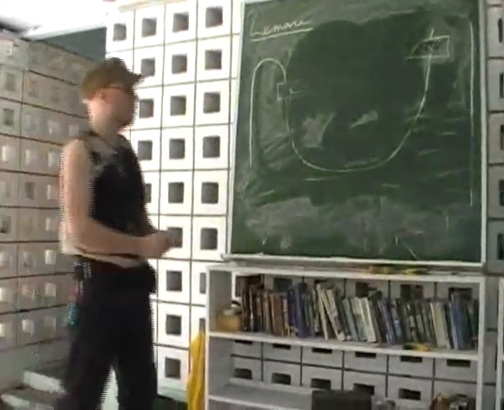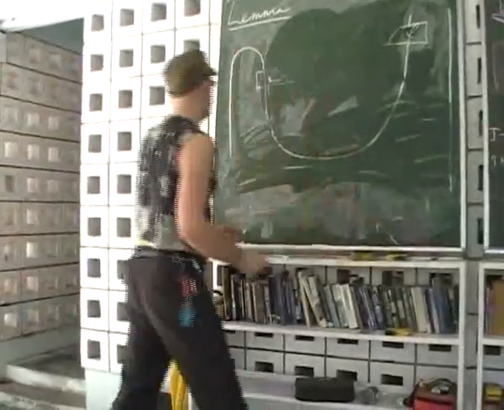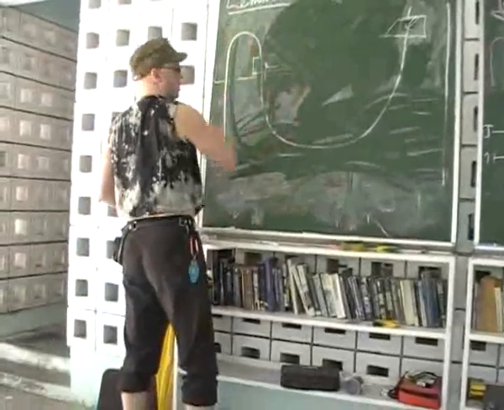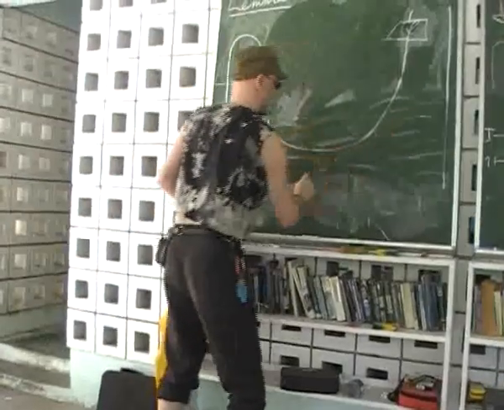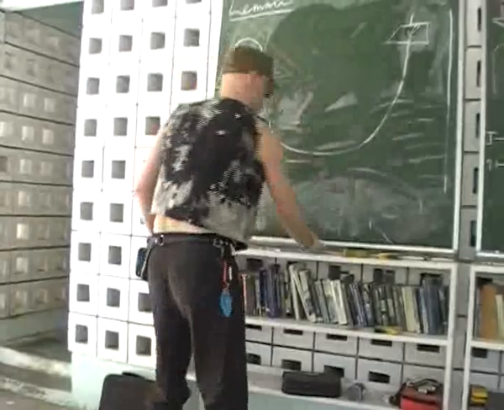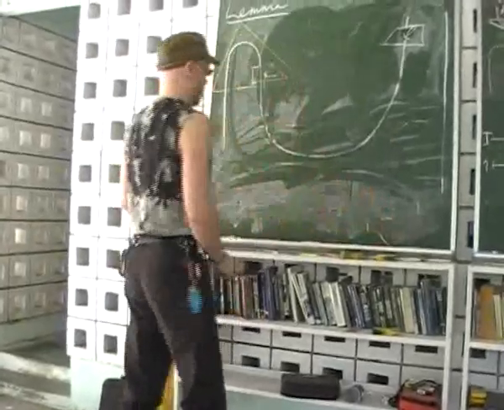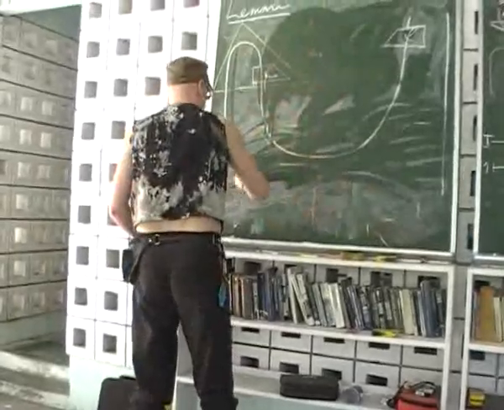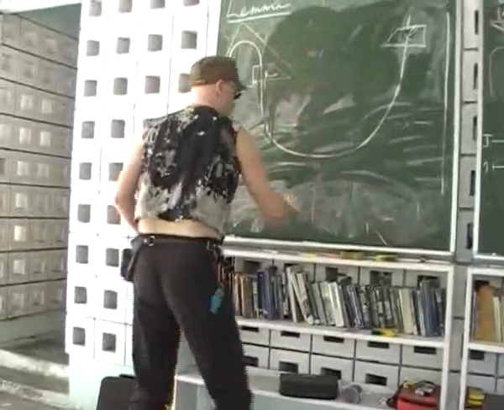Okay, so now let me introduce my triangles again. And I'm going to introduce two parties. I call this Alice and I call this Bob.